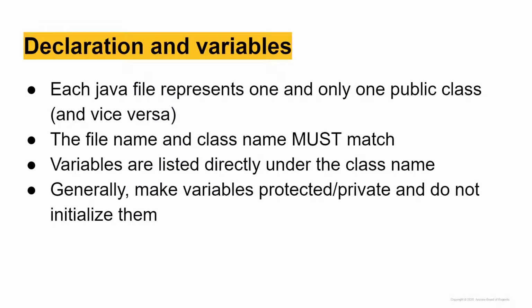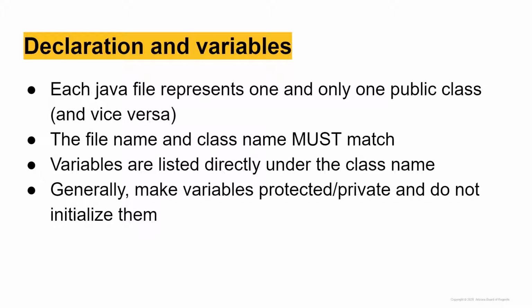We're mostly concerned about public classes. So the file name and the class name must match. If we had a Java file called, let's see, just example.java, then our class must be called example. If they don't match, then the program won't compile correctly. So it's very important that they match.